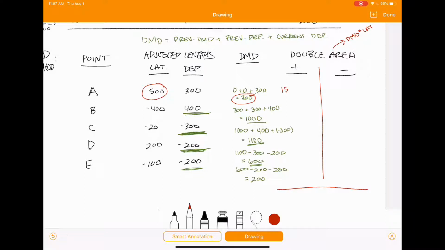So that's going to be 15 with 4 zeros, so it's going to be 150,000. And then this times this, positive times a negative, so we're going to place it in the negative column. So we're going to have 4 plus 5 zeros.